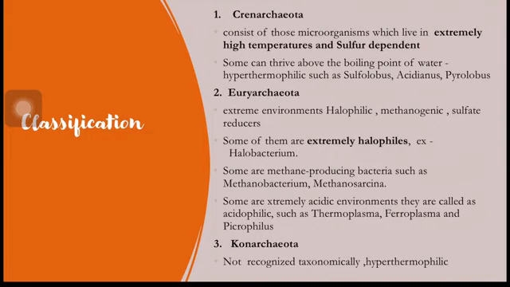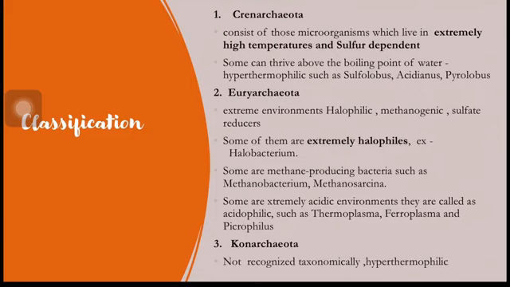And the classification: in the second edition of Bergey's manual, on the basis of 16S rRNA, they divided the archaea into 2 major phyla, that is Crenarchaea and Euryarchaea, and Korarchaea is also there, but it is not recognized taxonomically.